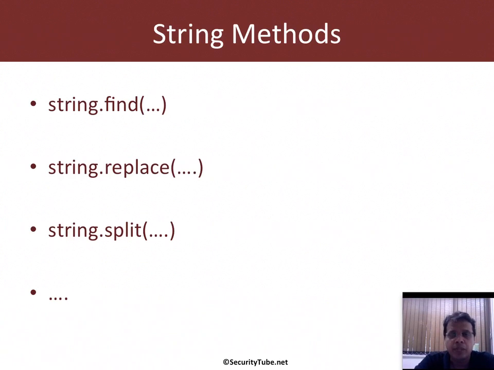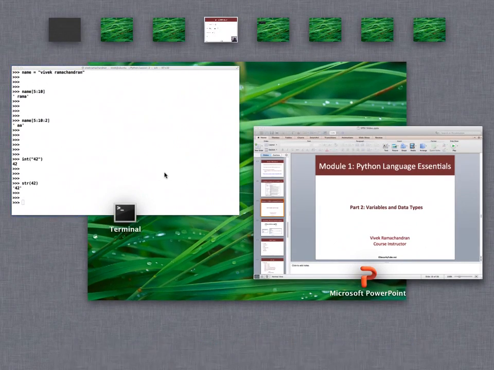It would probably be impossible to cover each and every one of them in this video tutorial. So what I'm actually doing is I'm picking up stuff which is most important so that you know how to get started with the Python language, and later on your own you can explore other methods, other functions which the runtime offers to you. Okay, so find, replace, and split.